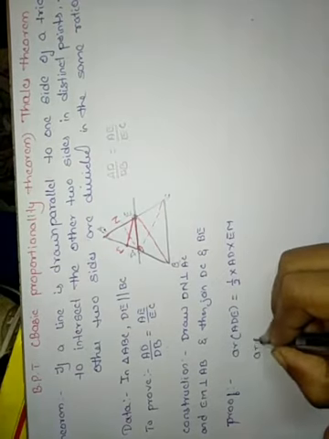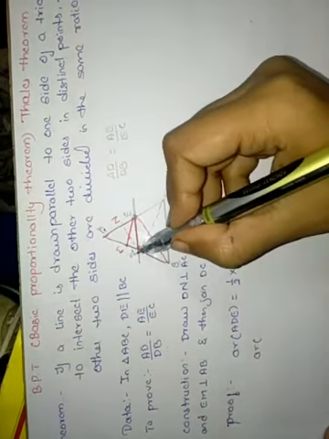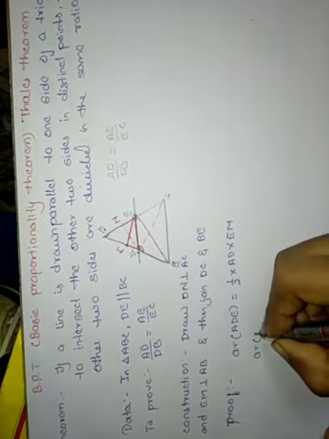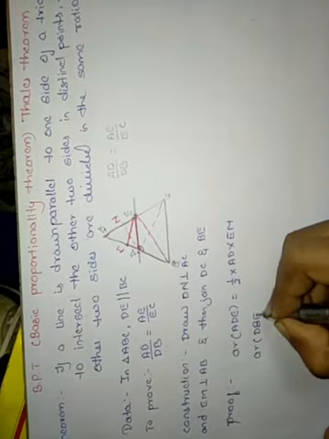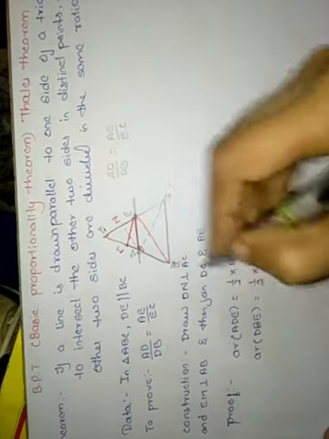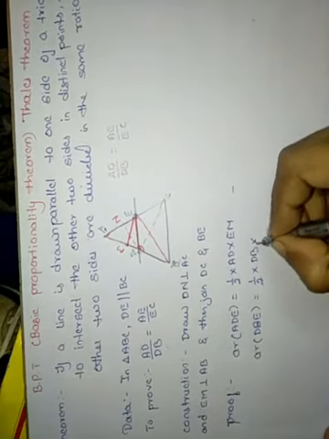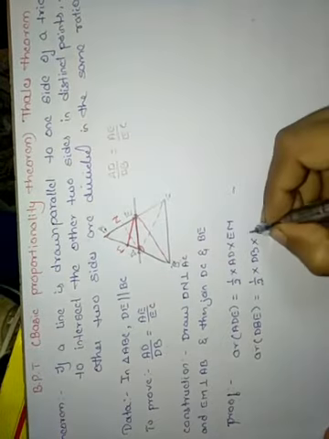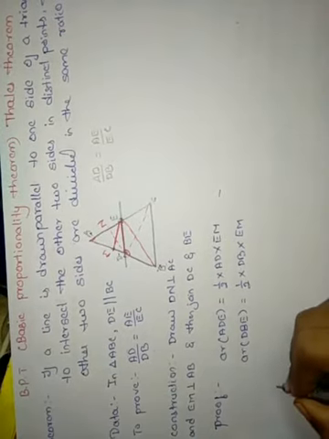And the second triangle, DBE: area of triangle DBE is again half into base DB into height EM. Now we'll take the ratio of these two areas.